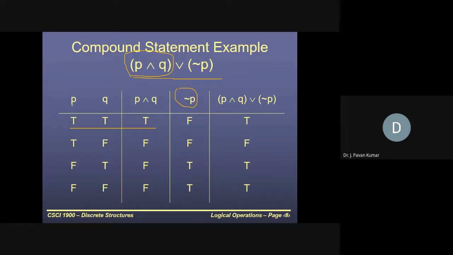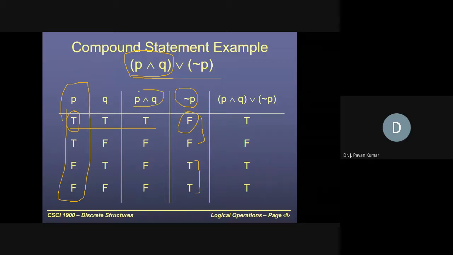In general, if we have only P and negation P, then we will have only two entries. But here we need to consider it with respect to this P. Here we have four truth values for P. Although the distinct values are true and false only, we need to write the negation corresponding to this particular P. Why?